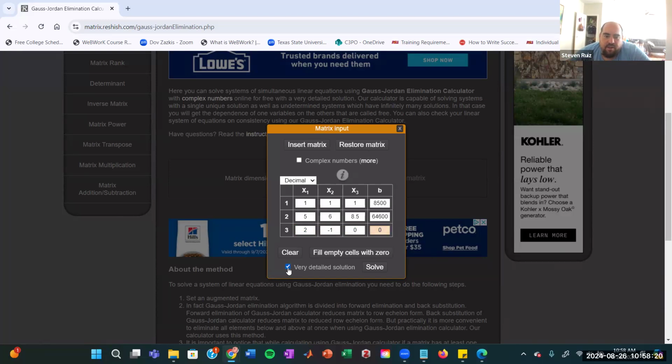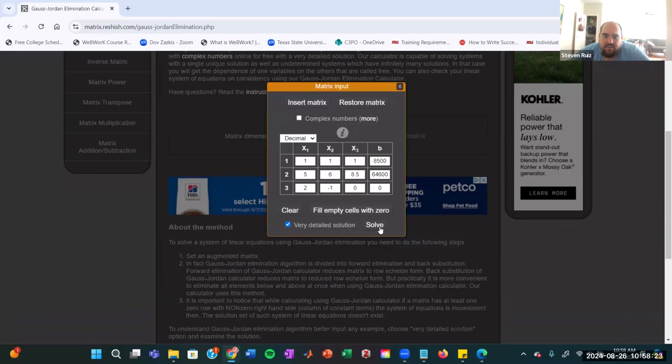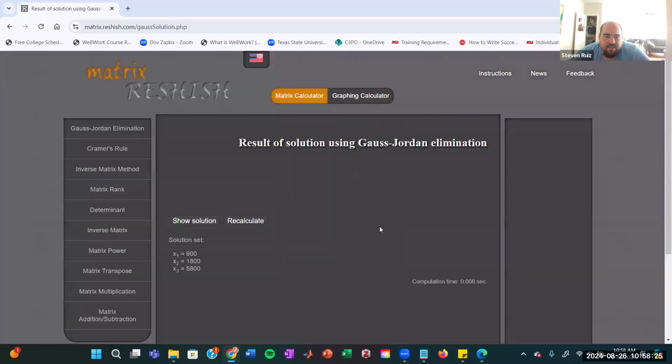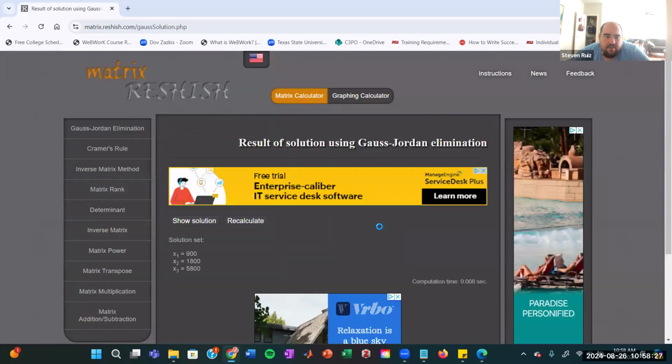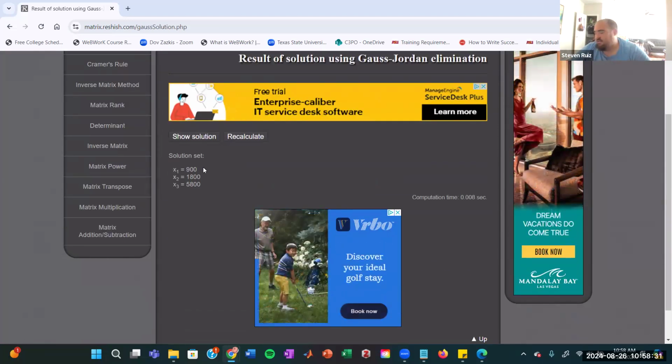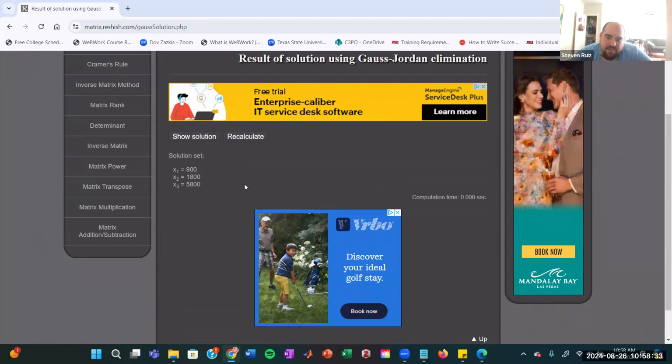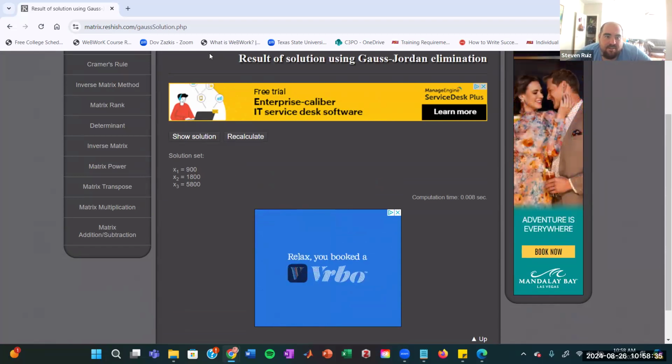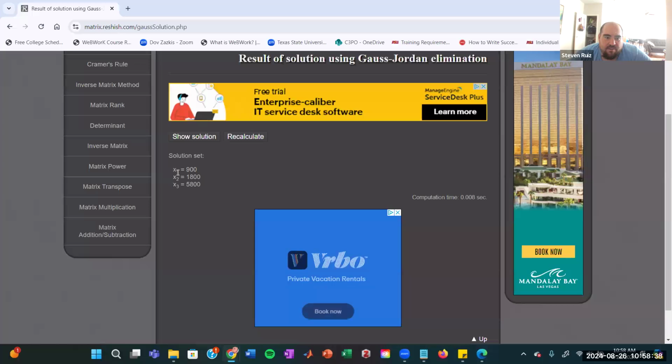If you want, you can get a very detailed solution, so it'll give you all the steps. But let's see what we get here. So here's our solution set. It called our values x1, x2, and x3. We called them x, y, and z. But let's remind ourselves what our variables were. So we got 900, 1800, 5800.